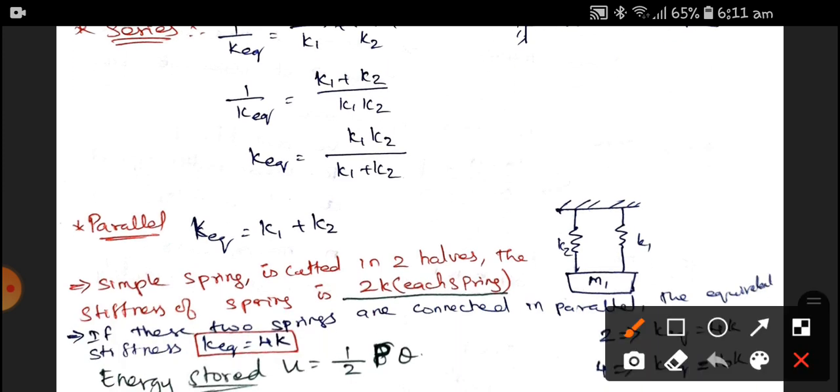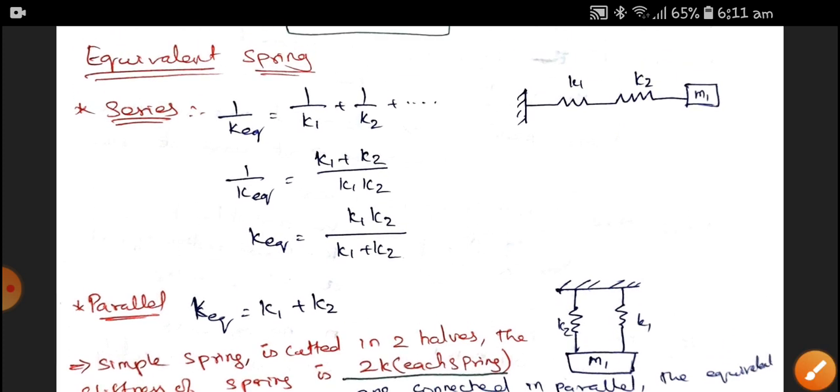And if the springs are connected by means of a parallel arrangement, it is a parallel spring. For example, if you have Bajaj vehicles, Platina and Discover, you will have a spring in the suspension.